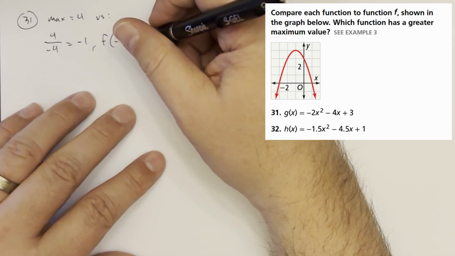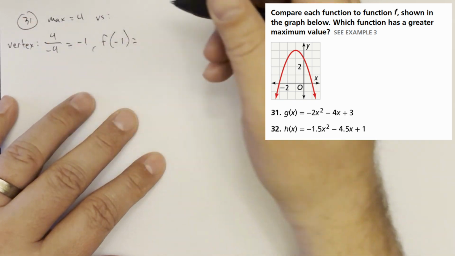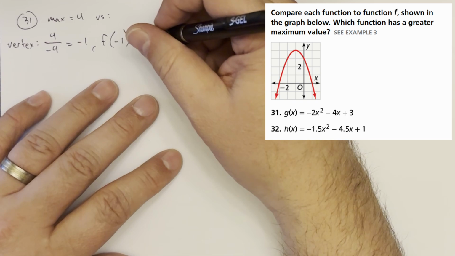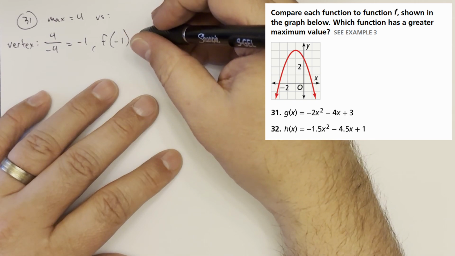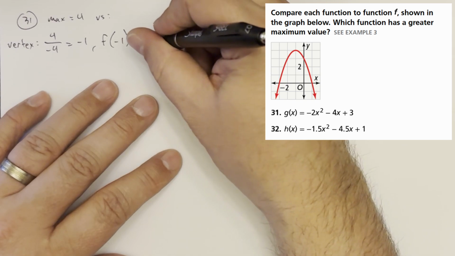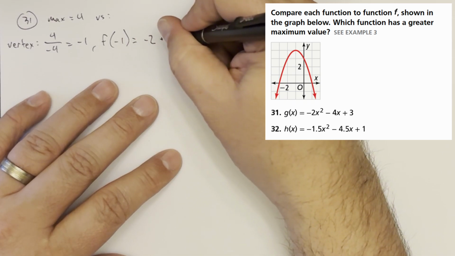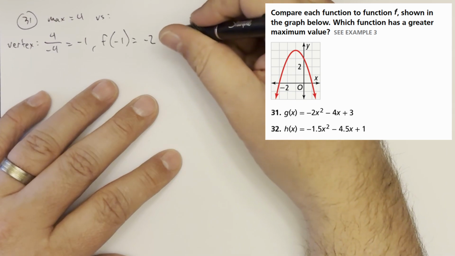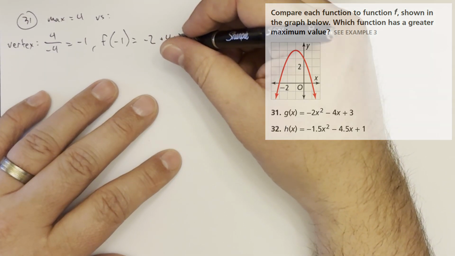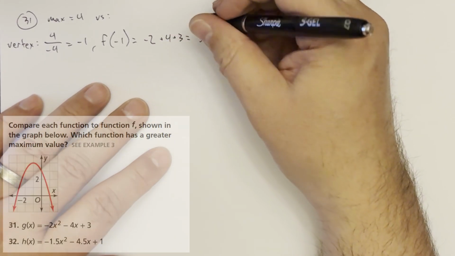So negative 4. So positive 4 over 2 times negative 2 is negative 1. Then the function of negative 1 is negative 2 plus 4 plus 3. So that's 7 minus 2 is 5. So the g of x has the greater maximum value, this time of 5.